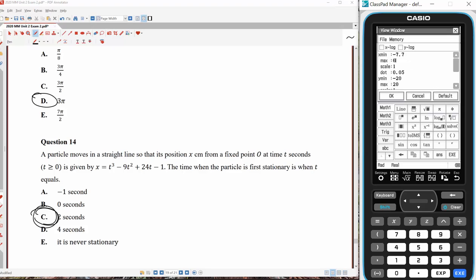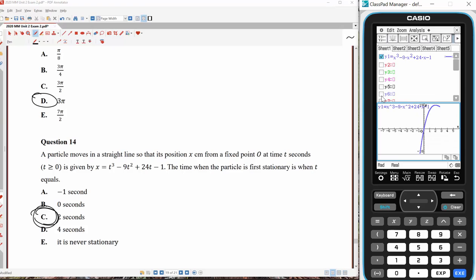Let's go 6. So first stationary, what happens is the particle goes to there, then decides to change direction. So it's first stationary at 2.